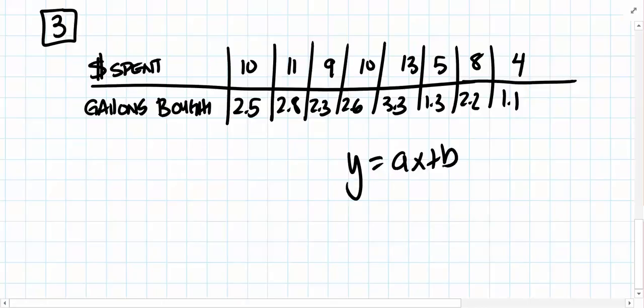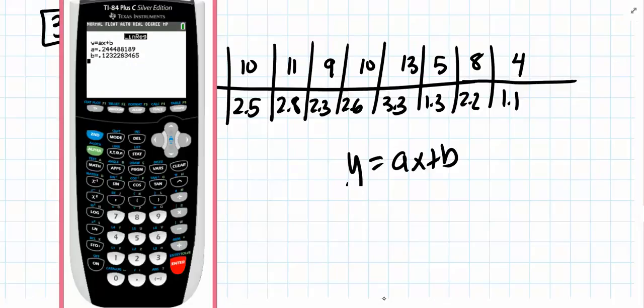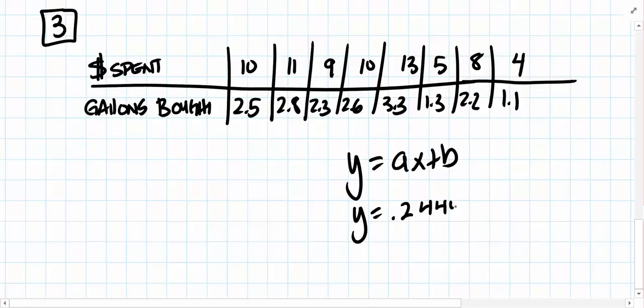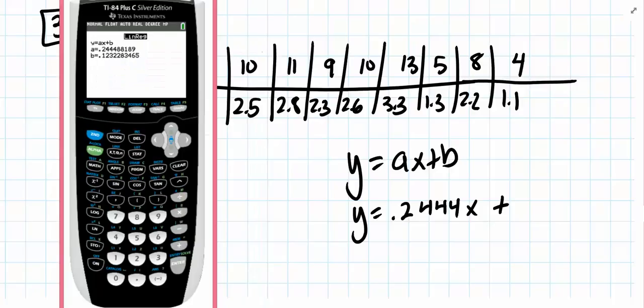We'll round to 4 decimal places, so 0.2444. So this is going to be y equals 0.2444x plus, what was the value of b? It's 0.1232. So you just write it down somewhere so you don't forget.